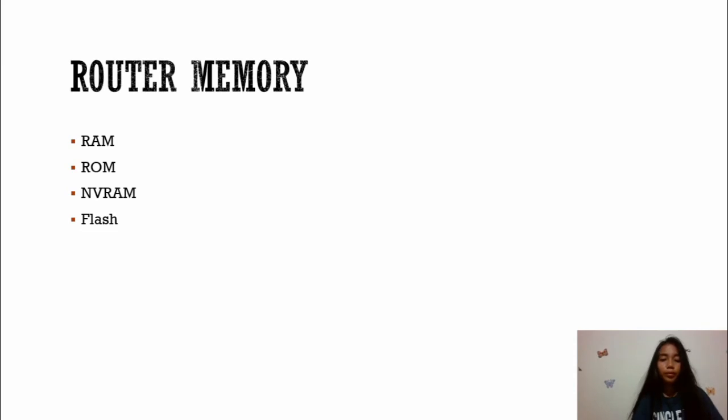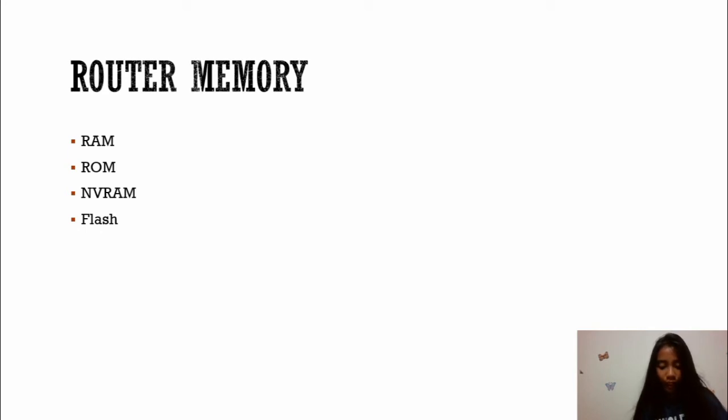So let's proceed to the network layer. We have 7 layers in the model: the physical, data link, network, transport, session, presentation, and application.